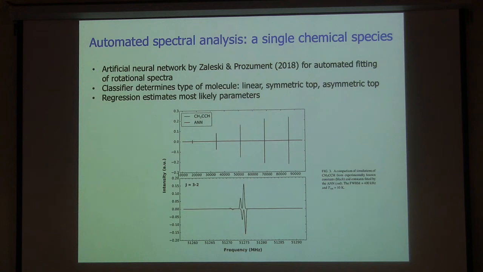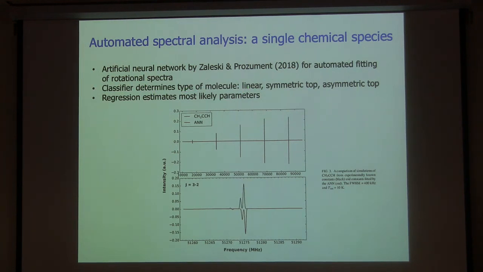All right. So we're not the only people who thought about this. There was a paper in 2018 where they developed a fairly simple artificial neural network and trained it on a few thousand different systems, molecules, and the idea was to automate fitting of rotational spectra. They developed a classifier which simply determined from the spectrum whether the molecule was linear, symmetric top, or asymmetric top, and then they did linear regression to develop the most likely parameters.